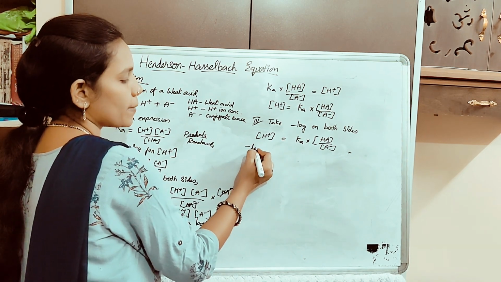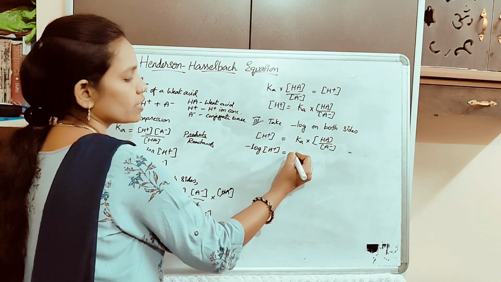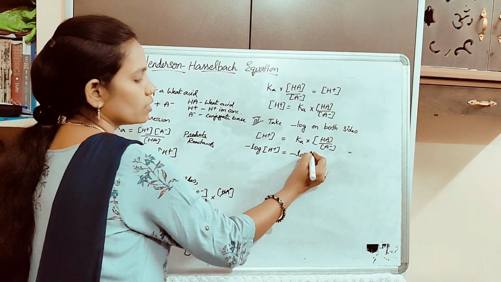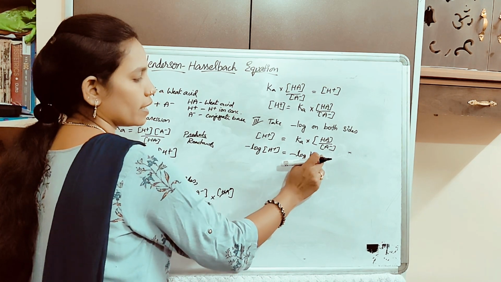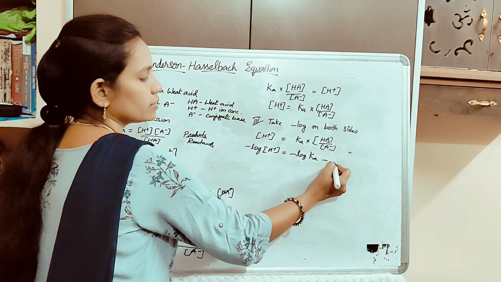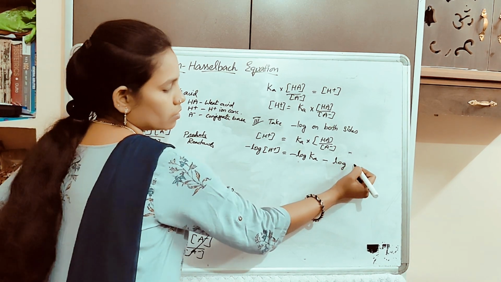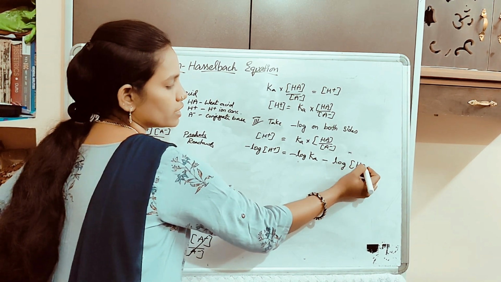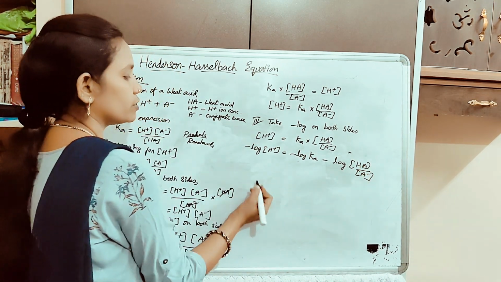So you will get minus log concentration of H plus is equal to minus log Ka, again minus log into concentration of HA by concentration of A minus.